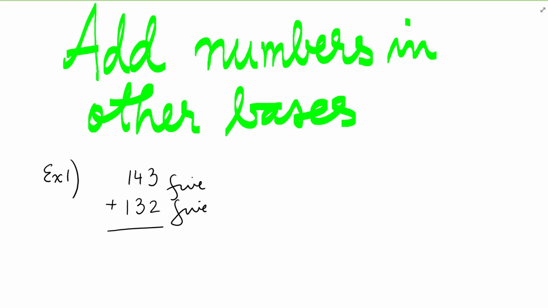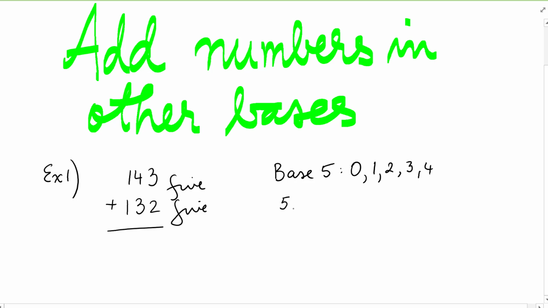So let's remember that base 5 means digits 0, 1, 2, 3, and 4. So we cannot have 5 as an answer in base 5, because 5 from base 10 is actually equal to, let me show you, what in base 5. If we take 5 and divide it by 5, 5 divided by 5 is 1, 1 times 5 is 5, we subtract, we get remainder 0.